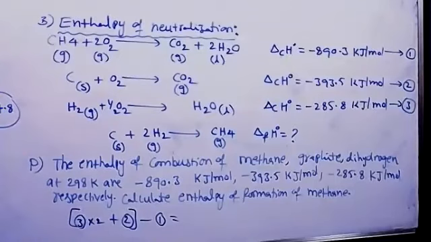During this process, some amount of heat, energy, is released. But the enthalpy of neutralization of a strong acid with a strong base is one value, a strong acid with a weak base is a different value, and a weak acid with a strong base is a different value.